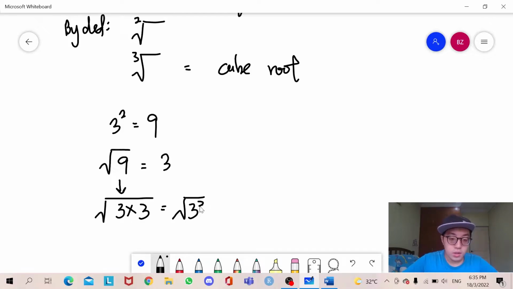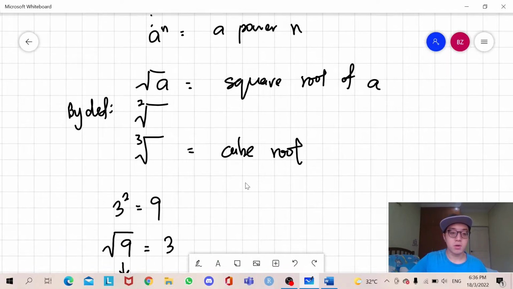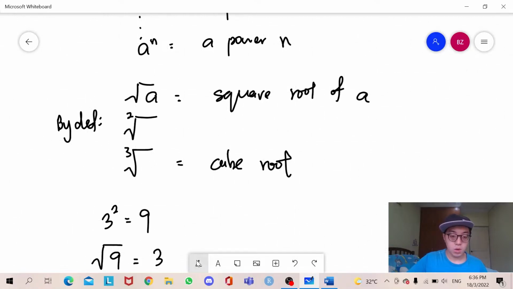And here we will say this is 3 to the power of 2, to the power of 1 over 2. So from here we know that square root has a power of 1 over 2.